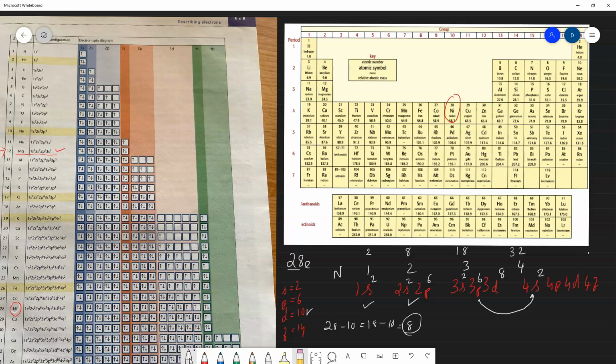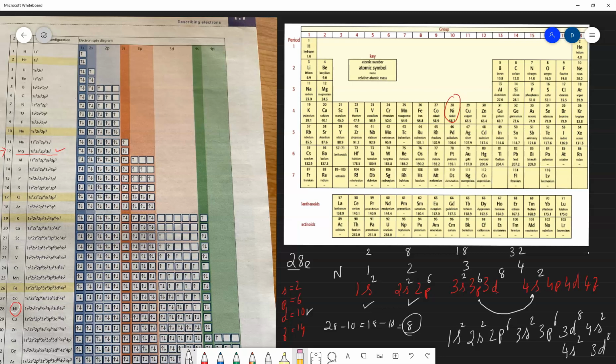Once you do this, your answer should be like this: 1s2, 2s2, 2p6, 3s2, 3p6, and here you can either write 3d8 and 4s2. You can do it this way, or in some books they first write 4s2 because this is the one that got filled first, then 3d8.